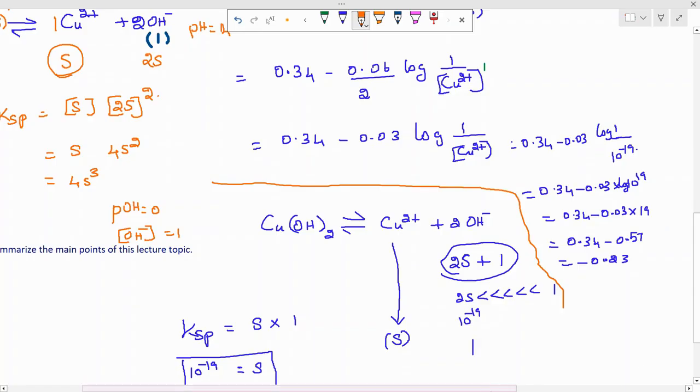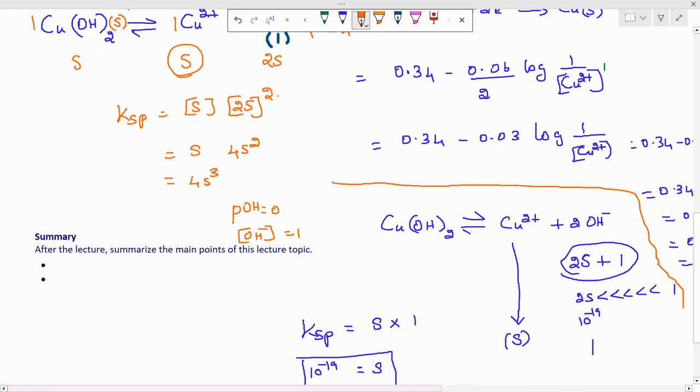Here the main important thing is that you should not take the Cu2+ concentration directly from the Ksp. You have to find Ksp, but at pH 14. That's the main point. Cu2+ concentration cannot be directly substituted here because Cu(OH)2 is a weak electrolyte.